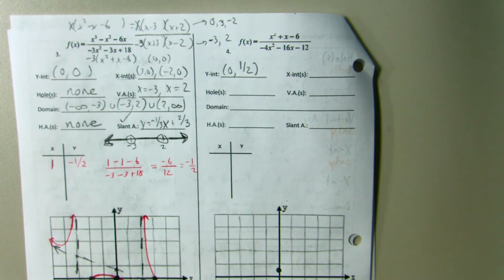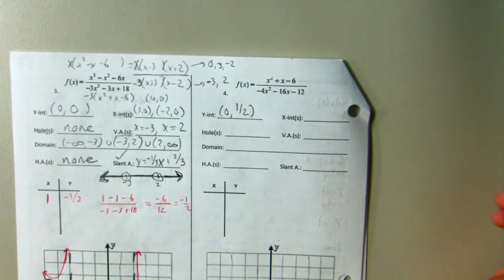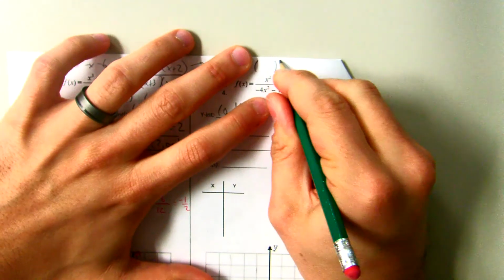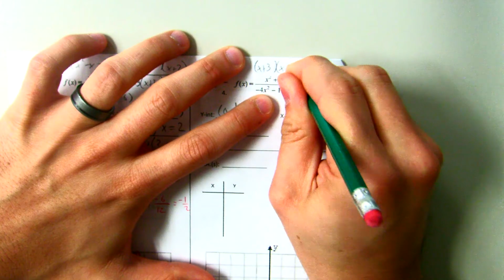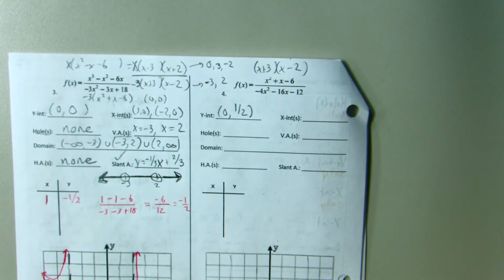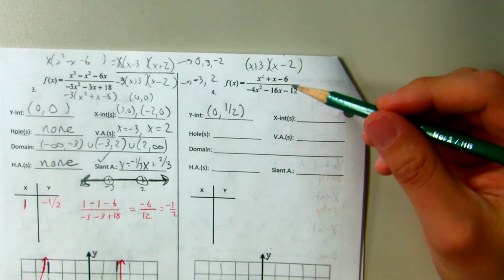For x-intercepts, holes, and vertical asymptotes, you need to know what numbers make the numerator 0 and what numbers make the denominator 0. So the numerator is just a straight trinomial that you've seen a couple times, or very similar, I guess.